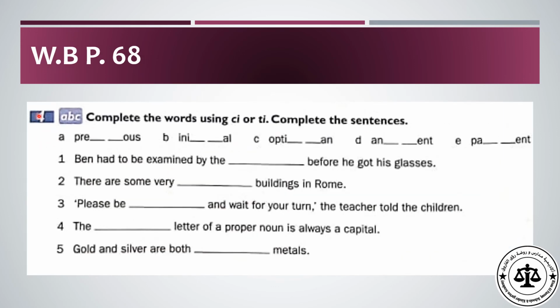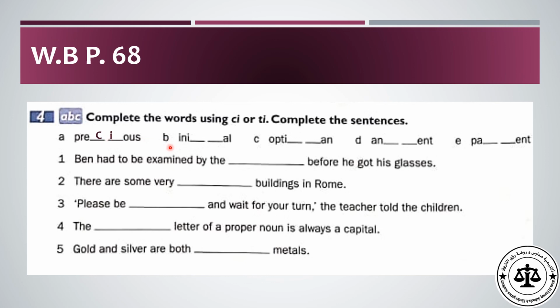Now the last question. Complete the words using CI or TI. Complete the sentences. So these letters have the sound sh, as we said. So we want to complete these words by using the correct letters CI or TI. Number 1 or A, this is what? This is precious, meaning valuable, with CI.